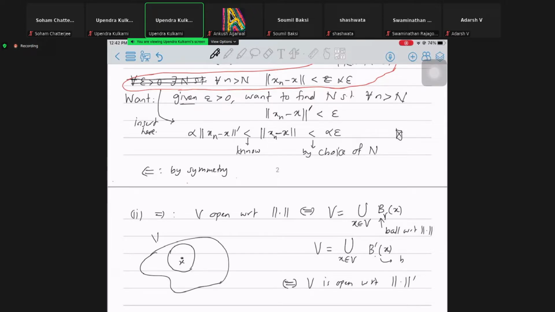And so these are balls with respect to the other norm. So the equivalence written on the first line and the equivalence written on the next two lines, that is just true. Those are independent set statements about the two norms. So is there a way in which I can make this implication work?